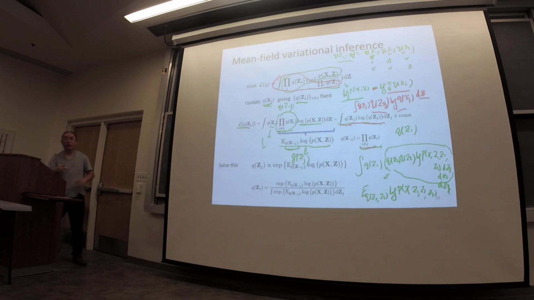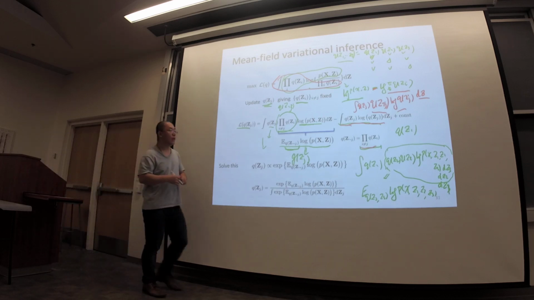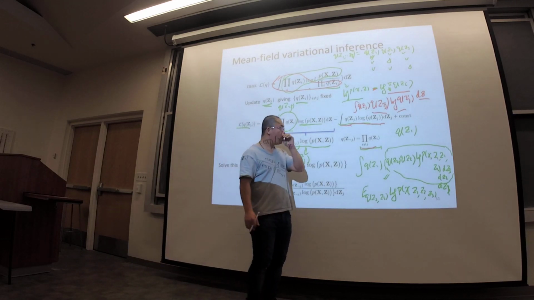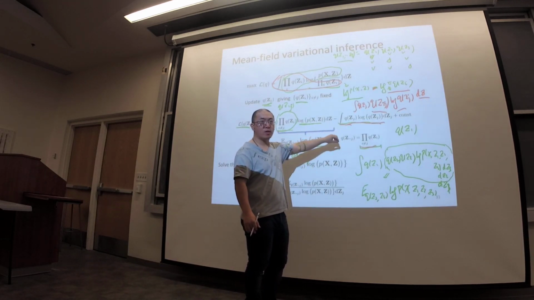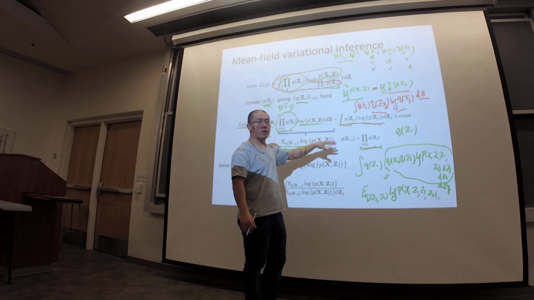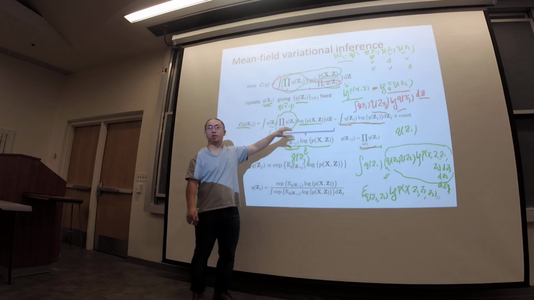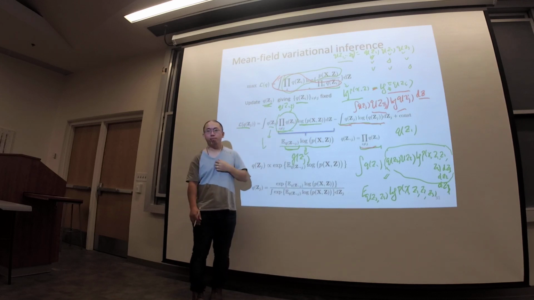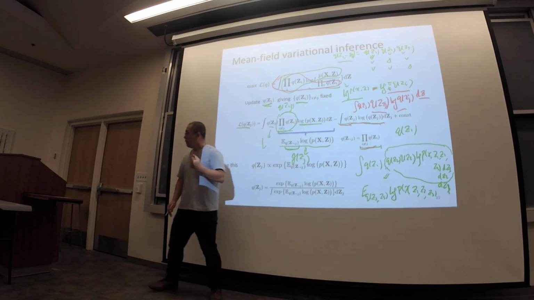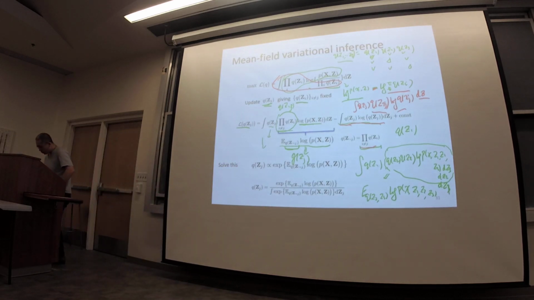I just gave you the idea. If you still feel uncomfortable or unclear about those details, I recommend you derive it again. But this high-level idea, everybody should be good on that. Now our objective function with respect to Q of Zj becomes this.